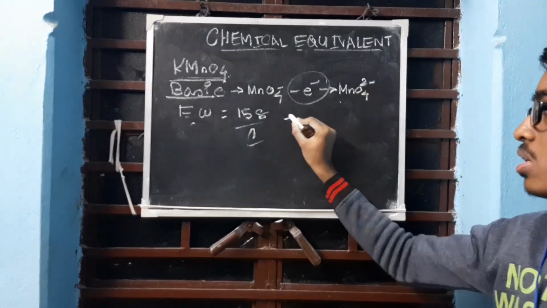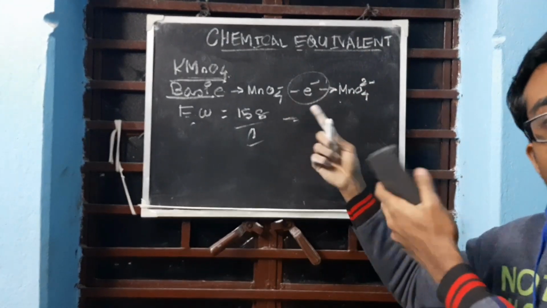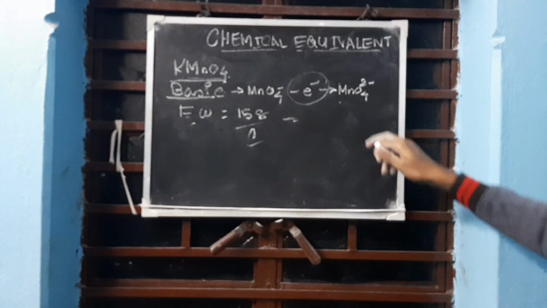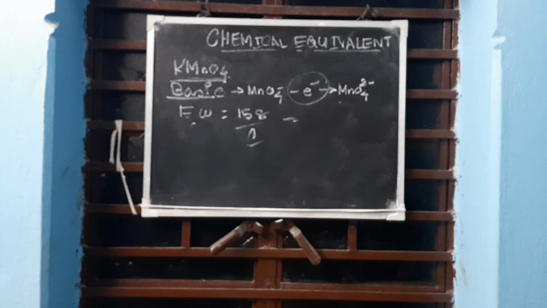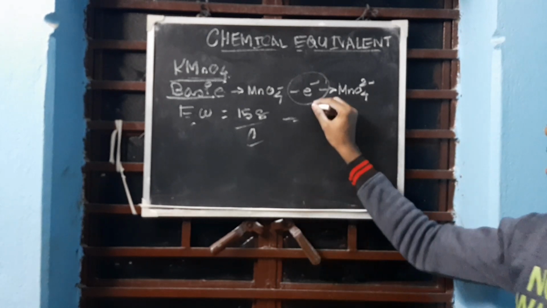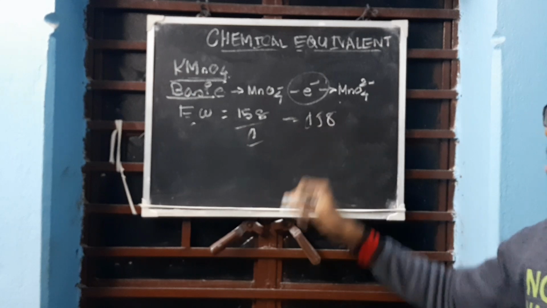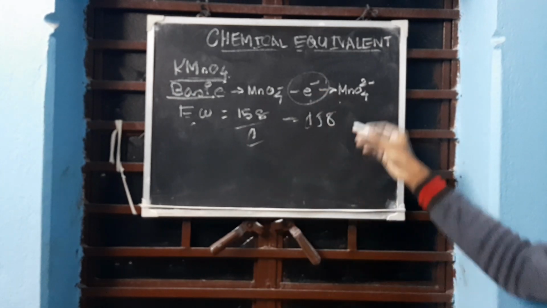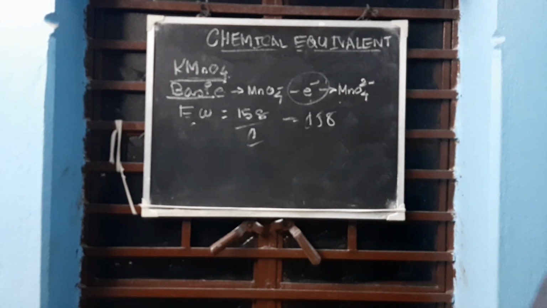Here, lost. I was just trying to confuse you. How many electrons? 1 electron. So it's 158. That is why the charge becomes 2. Clear?